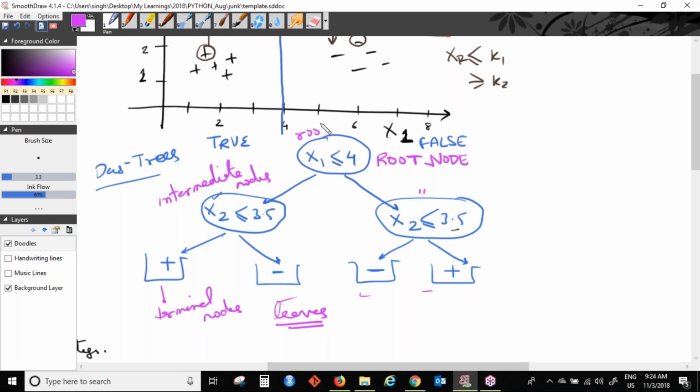This is the root of the tree. Leaves is where the tree ends, right? Beyond the leaves you don't have anything. So these are the leaves of the tree, and this is the root of the tree. These are intermediate nodes. Is that clear, guys?